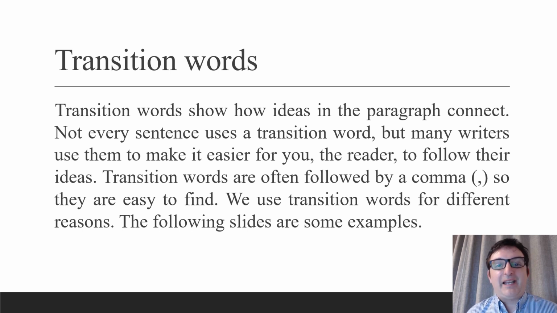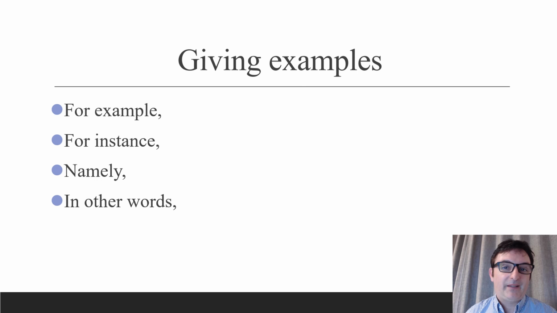The following slides we're going to look at now are some examples of very common transition words. The first ones are for giving examples, and they're words like for example, for instance, namely, in other words. When you see that at the beginning of a sentence, you know this sentence is an example.